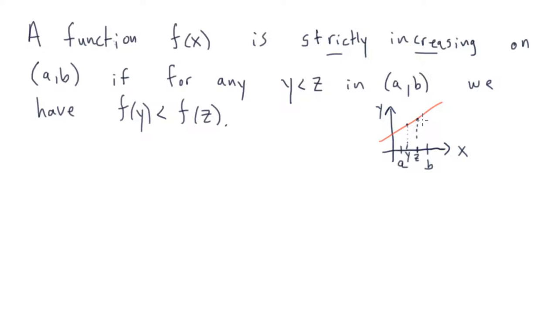And of course, from the graph, it's very clear. But our goal is to remove our dependence on looking at graphs and actually understand what the graph of a function looks like just by looking at the algebraic definition of the function.